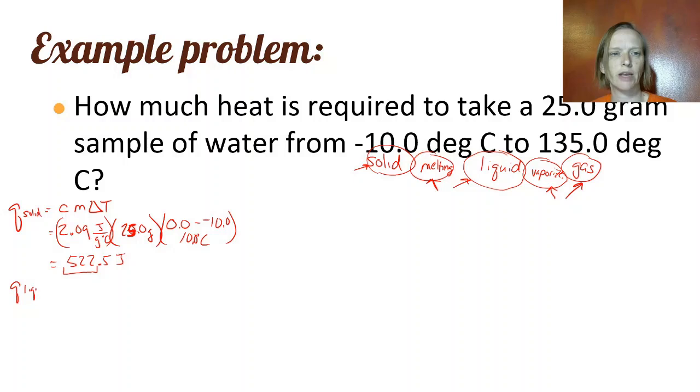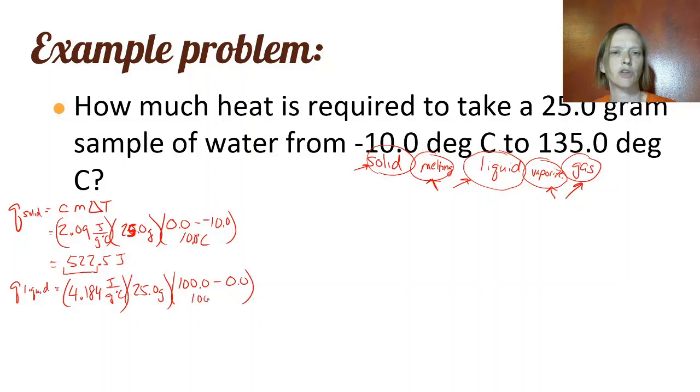Let's look at our liquid next. For our liquid, we're still doing Cm delta T. This time our C value is 4.184 joules per gram per degree Celsius, times my 25.0 grams again. And this time my temperature change goes from, let's see, I end at 100 degrees, but I started at 0 degrees.